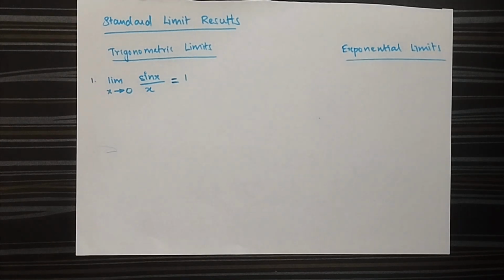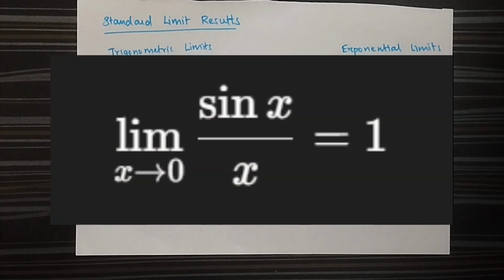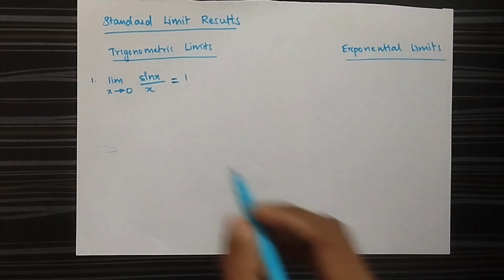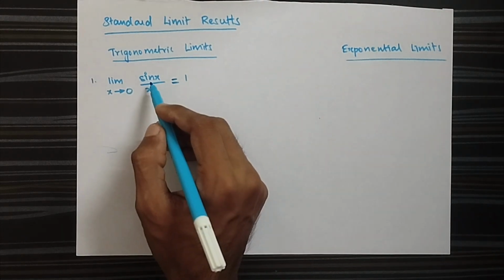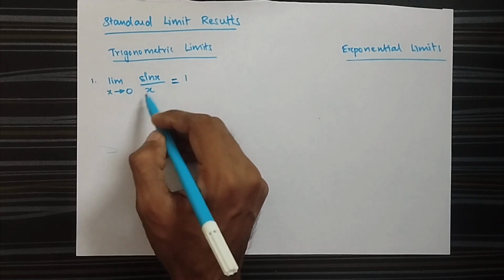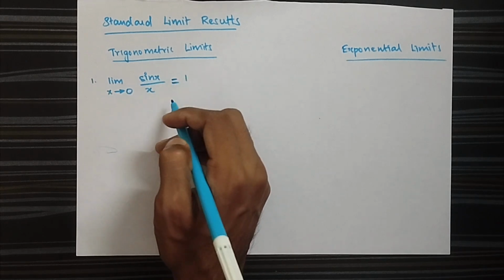For the function sin x by x, when x is tending to 0, the result would always be 1. We don't have to prove this, but if we give the value for x here, sin 0 by 0 would equal 0 by 0.